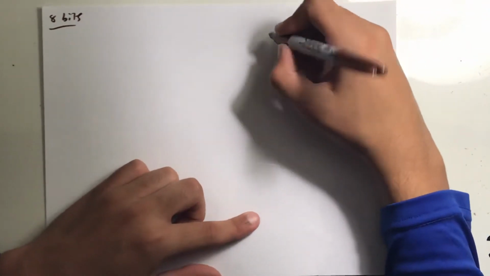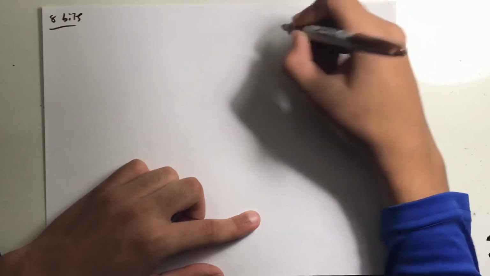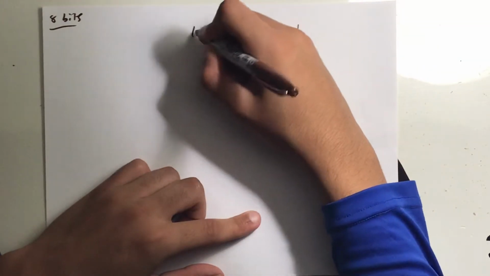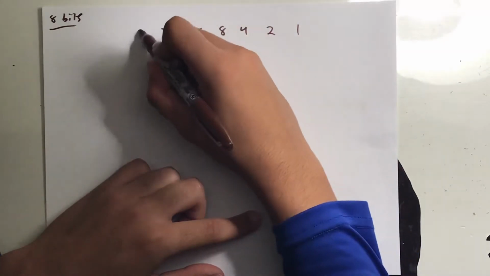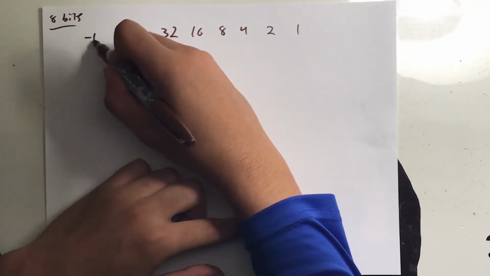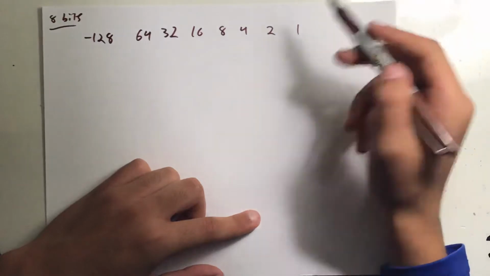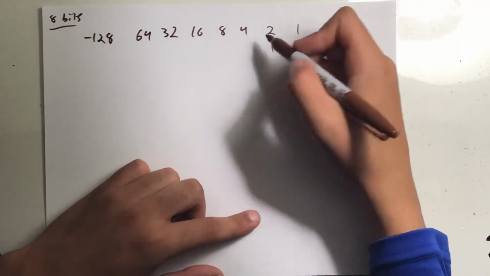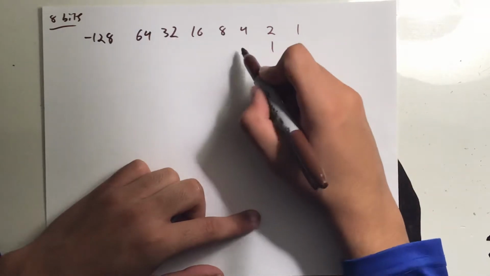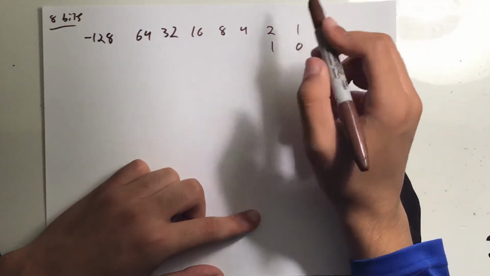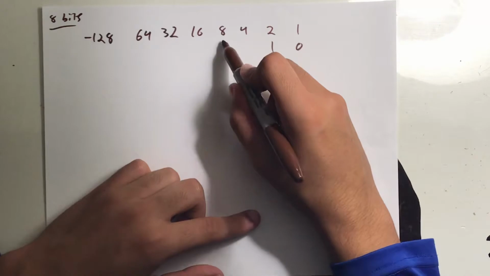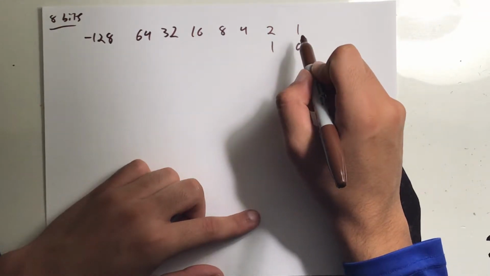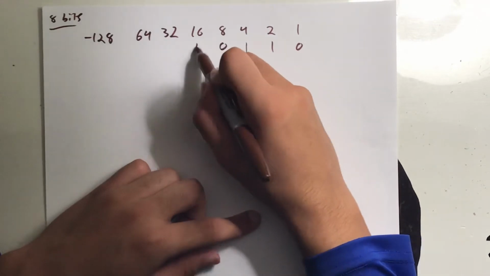So 1, 2, 4, 8, 16, 32, 64, -128. 10 is 8 and 2. But to do 2's complement, remember, it's a 1, 0, 1, 0. So this is going to be a 1, 0, and everything else is going to be a 1.